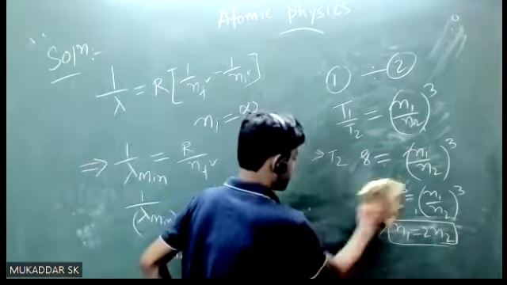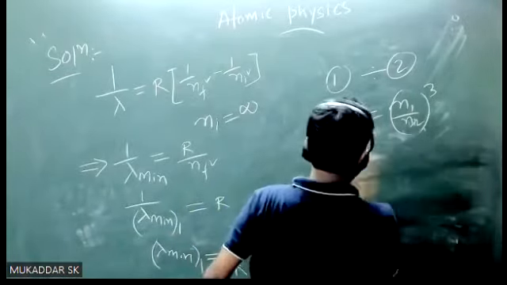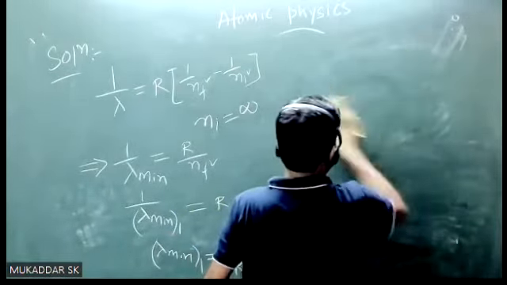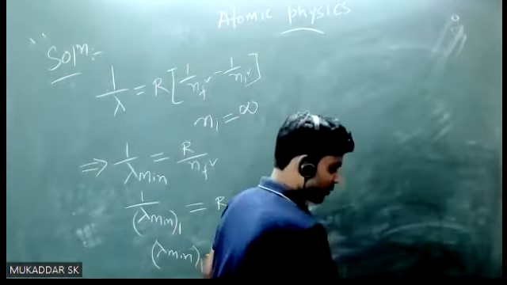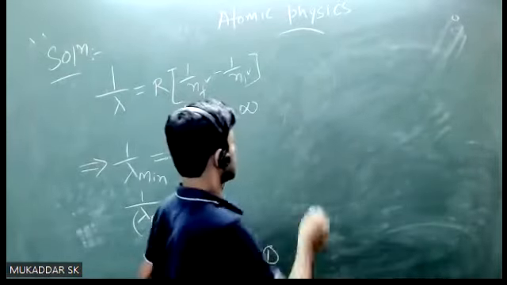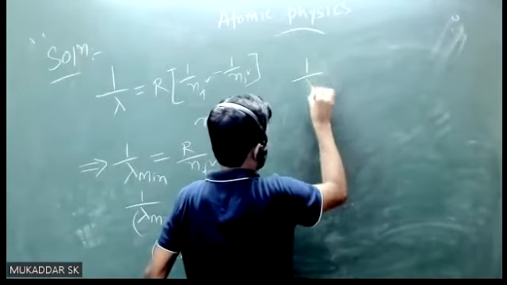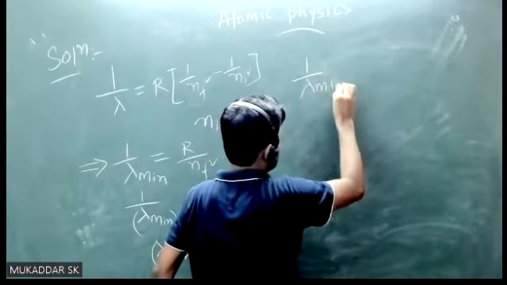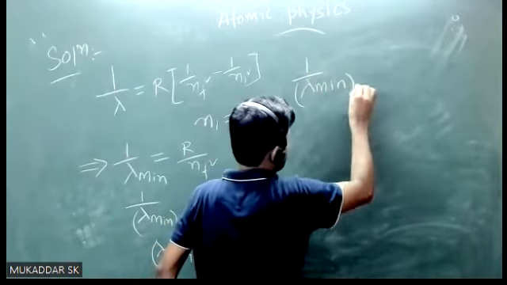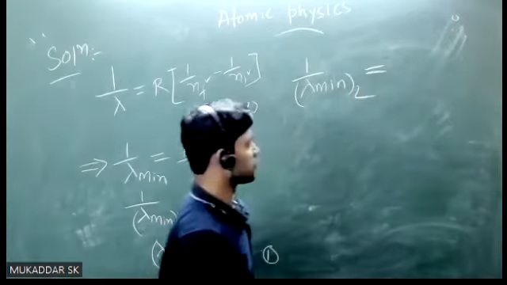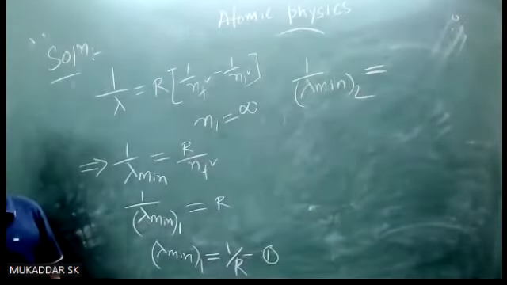Similarly, for Balmer series, let us take 1 by lambda min subscript 2, and that should be equal to, now nf will be 2, right?